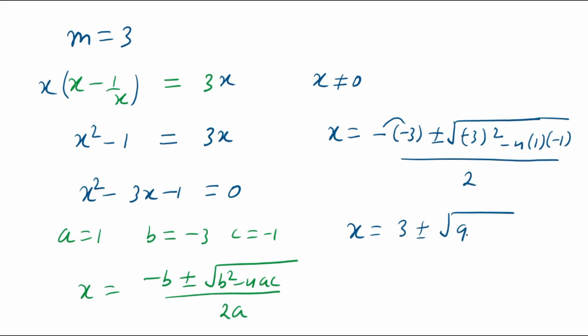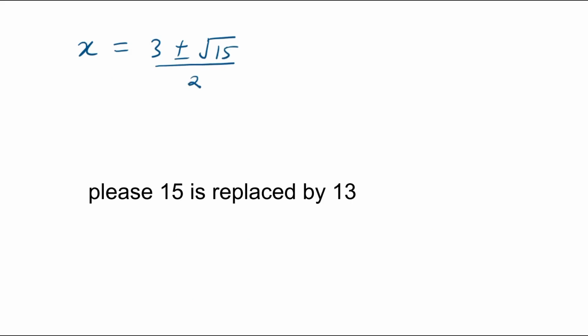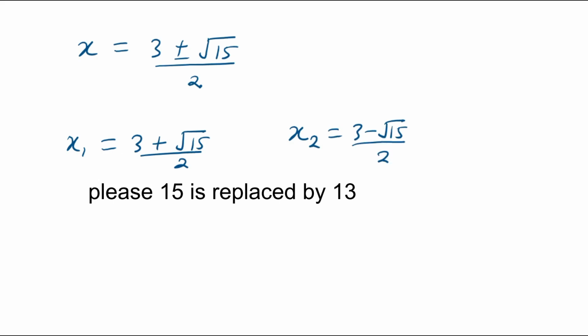So the value of x is (3 ± sqrt(13)) / 2. Here the first solution x1 = (3 + sqrt(13)) / 2, and the second solution x2 = (3 - sqrt(13)) / 2.